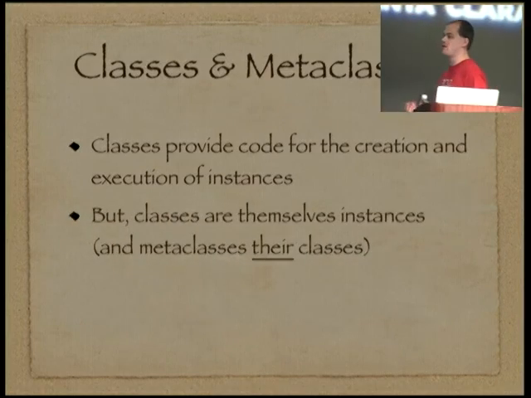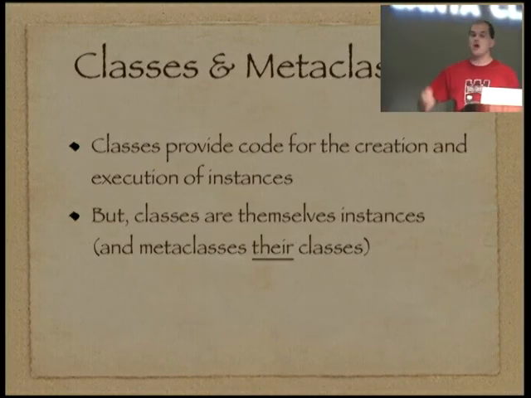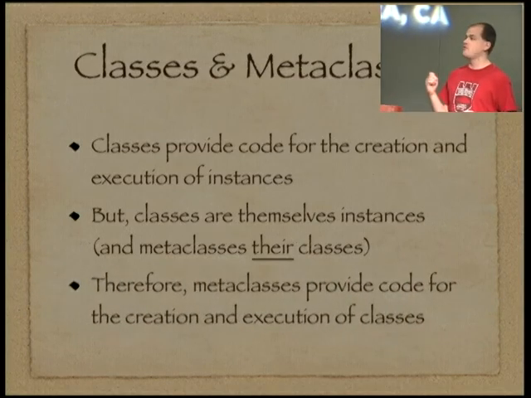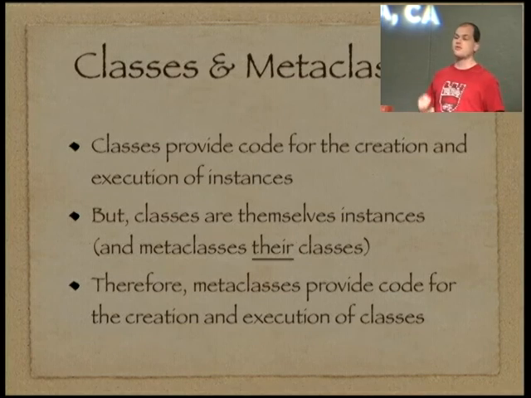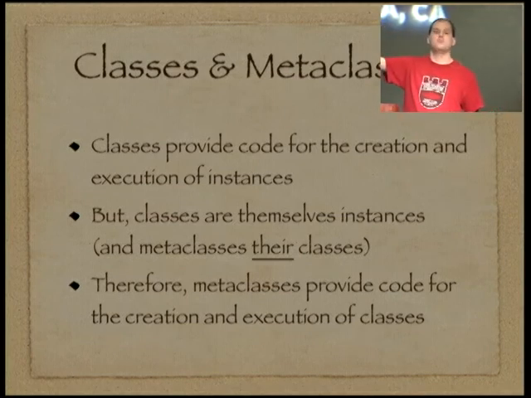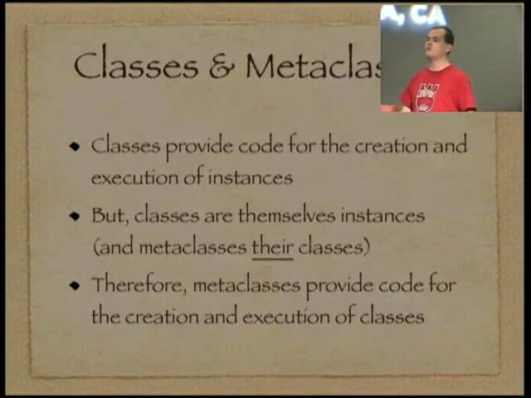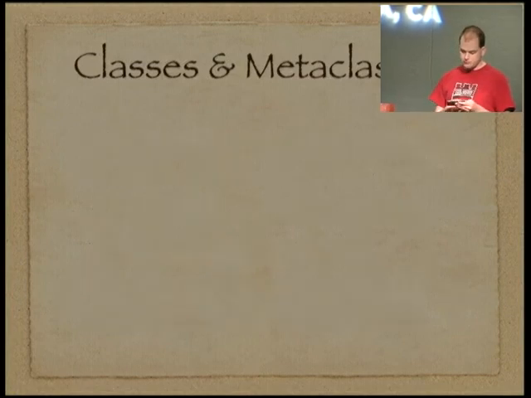Classes are themselves instances, and metaclasses are their classes. Therefore, metaclasses provide code for the creation and execution of classes. Notice that my first bullet and my third bullet have identical wording with those terms flipped or subbed out.